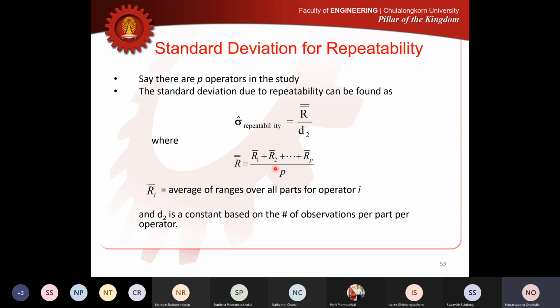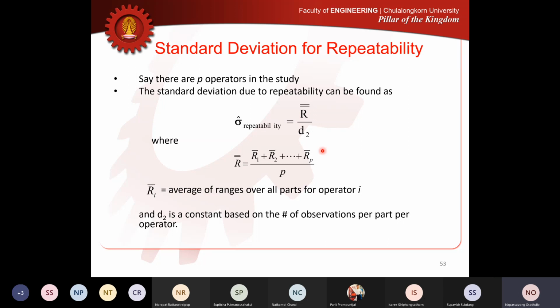Then, to convert this variation R bar to a number called sigma, in statistics we have to divide it by a constant called D2. This is a constant that we can look up from the table of control chart constants.